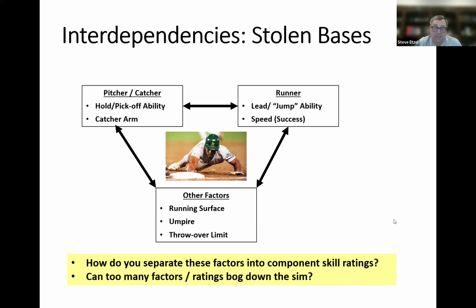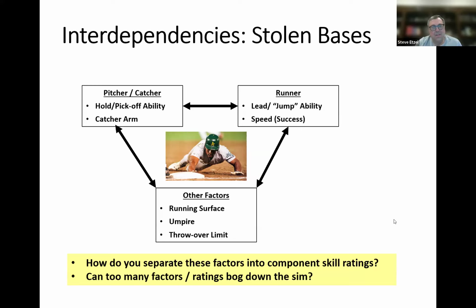And then there could even be other factors like the running surface. Is it artificial turf, natural? Umpires could come into it. And in modern times, the new rule for limiting throwovers to first base.